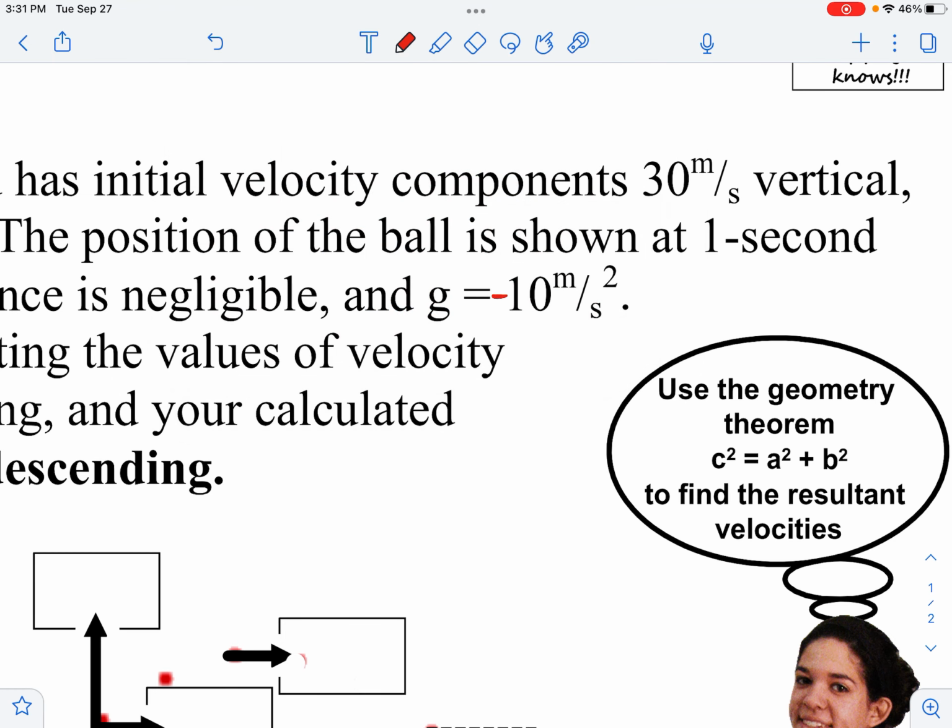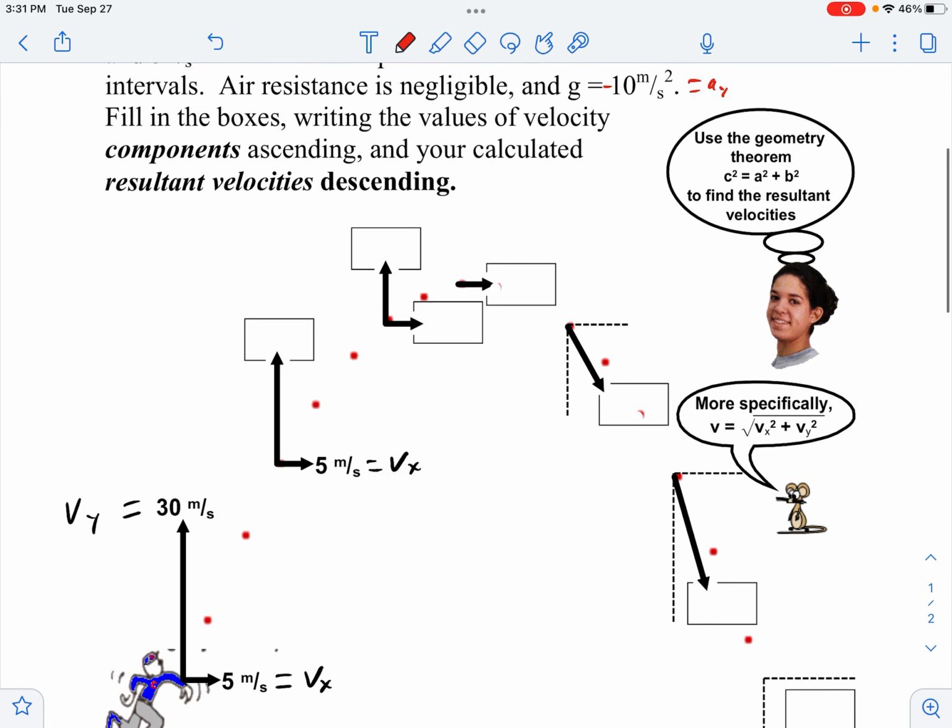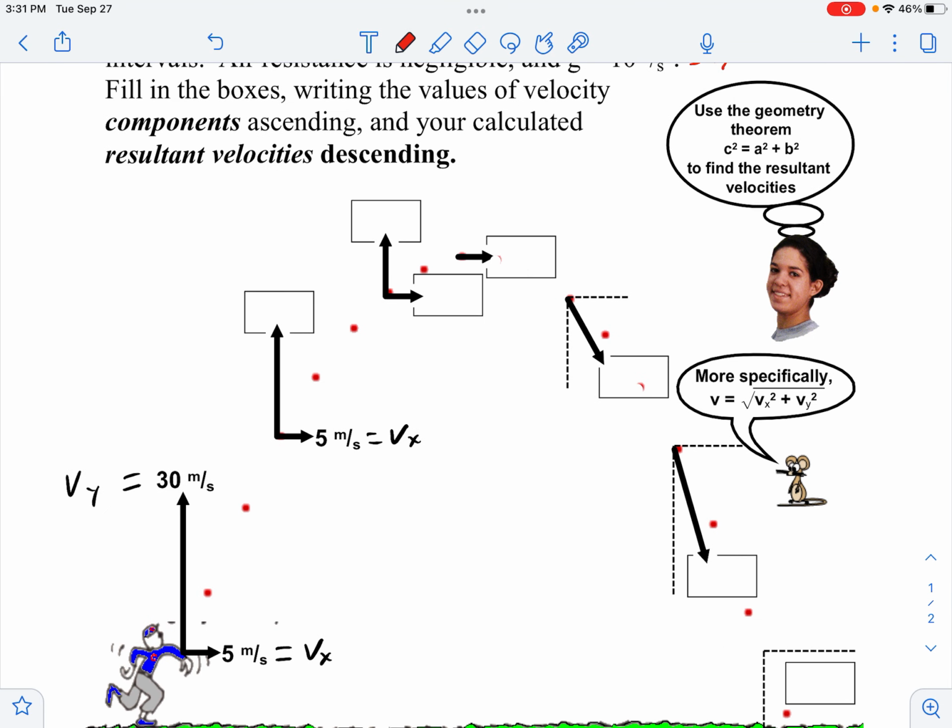I'm going to put a little negative sign, because we throw it up at 30 meters per second and gravity acts downward, so we show that with positives and negatives. This is an acceleration that acts in our y dimension, up and down. Sometimes we just abbreviate it with g. The acceleration is in the y dimension, and the x dimension experiences constant velocity.